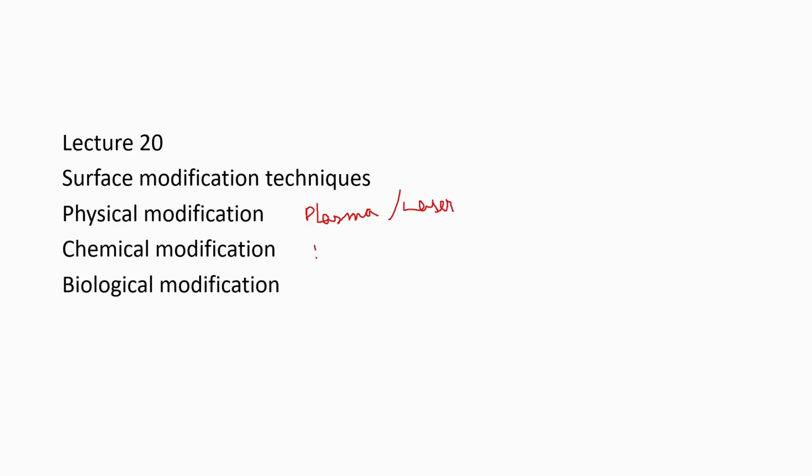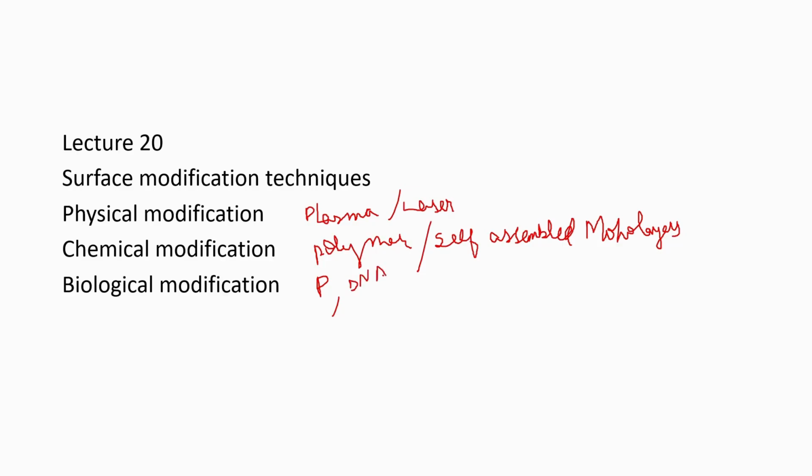Chemical modification uses polymers or self-assembled monolayers. And then biological modification includes immobilization of the surface with biomacromolecules such as proteins and nucleic acids, which can be DNA or RNA.